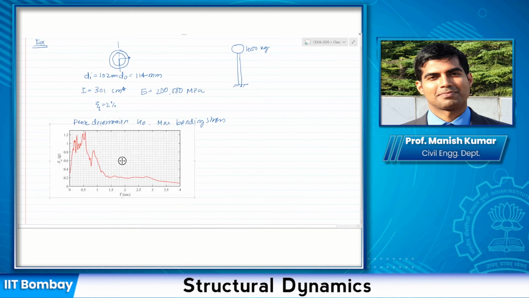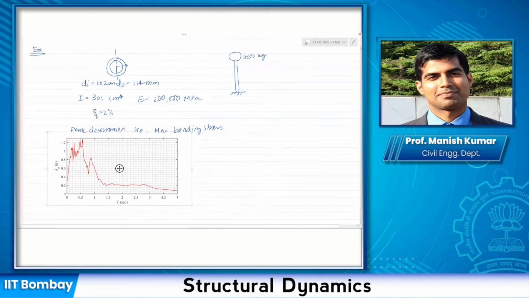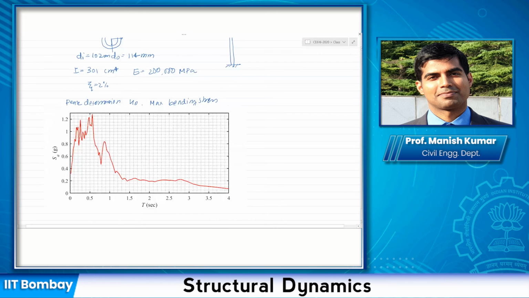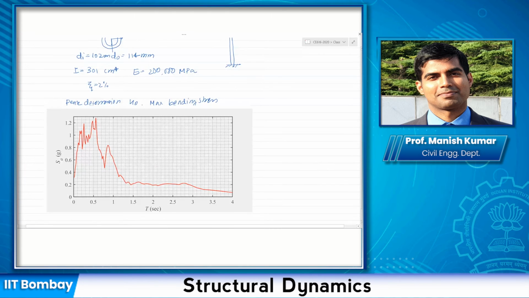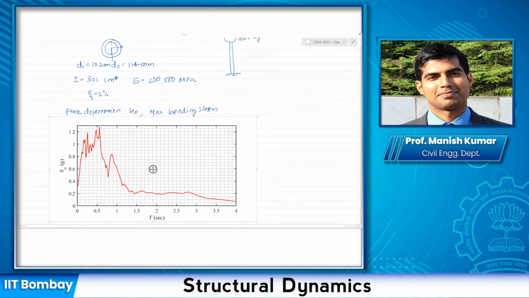Can you see the response spectra? Let me increase it further. So this is the response spectra that is given to you. These parameters are given to you. This response spectra has been developed for zeta equal to 2%.